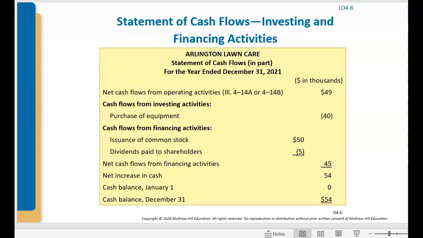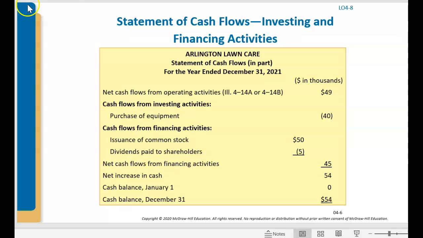We could also see the sale of bonds payable. The sale of bonds would be an increase in cash flow because you're borrowing money, and the payment to the bondholders at the end of the term of the bond would be an outflow.